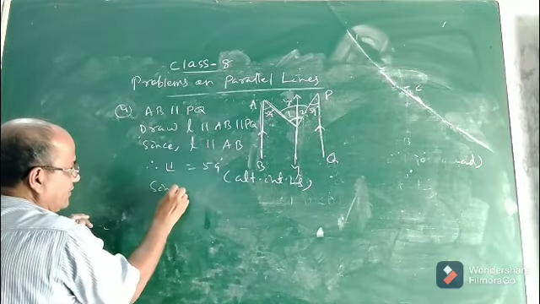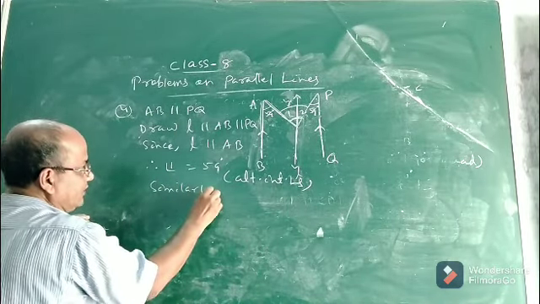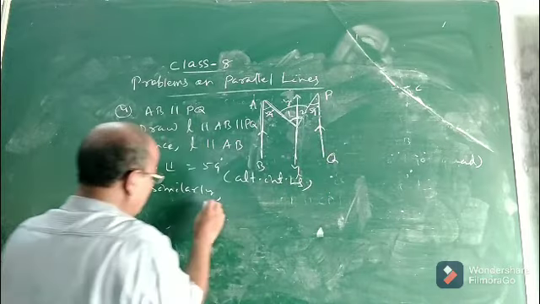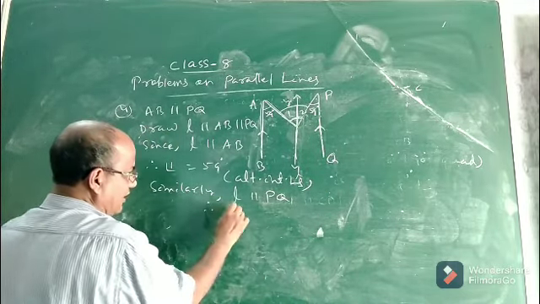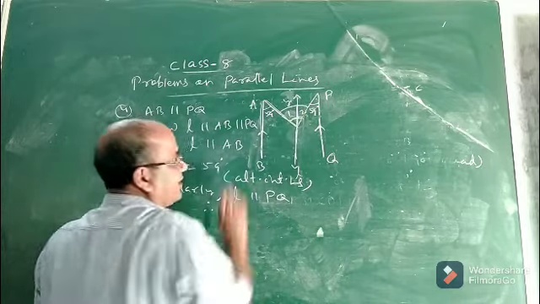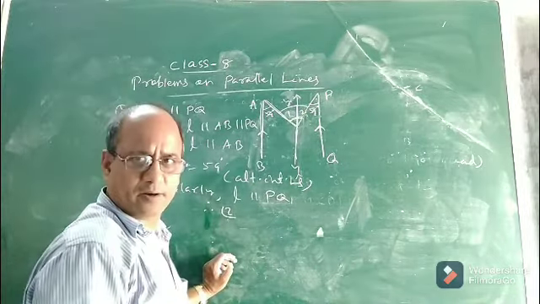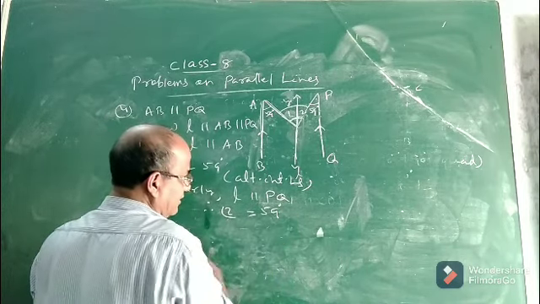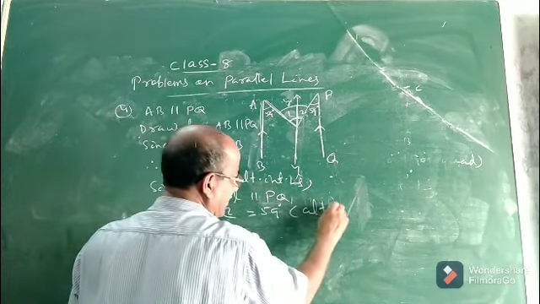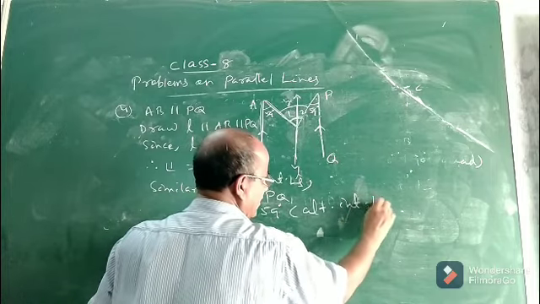Similarly, L is parallel to PQ. Therefore, angle 2 and 59 degrees also form a pair of alternate interior angles. So angle 2 is equal to 59 degrees, for the same reason, alternate interior angles.